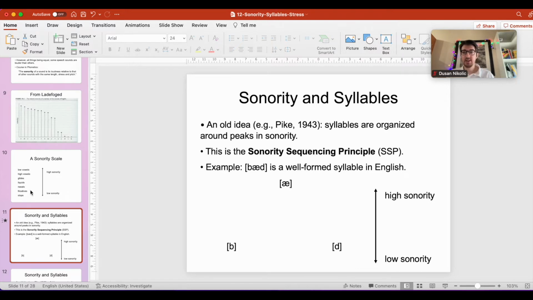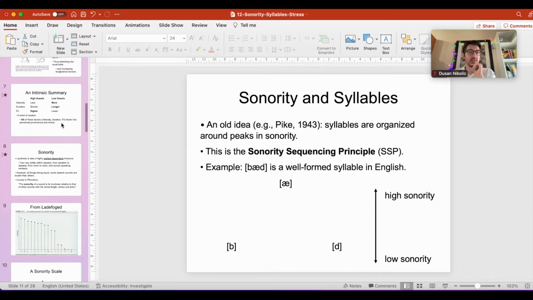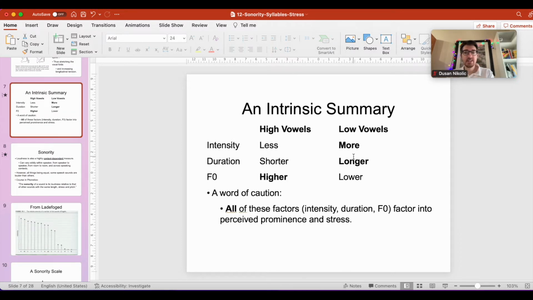So why are we talking about sonority, right? Because we need to understand syllables in order to understand stress, ultimately. As I said, stress will be placed on certain syllables.